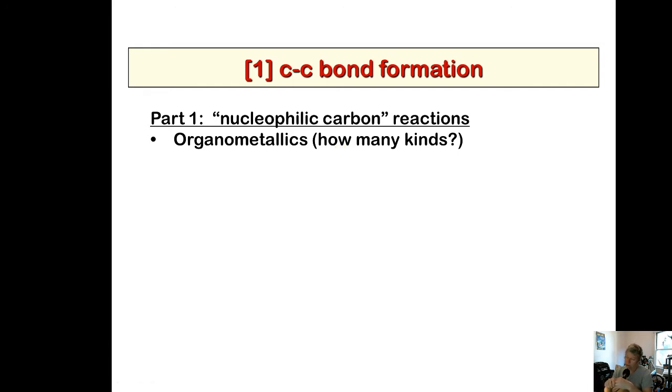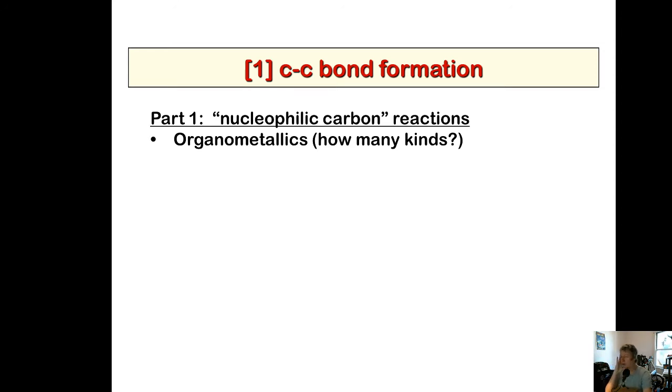This actually begins in organic 1. You knew about Grignards, the magnesium, RMgBr. Those are very similar in reactivity to organolithiums, RLi. So Grignards and organolithiums, you just consider them the same reactivity.